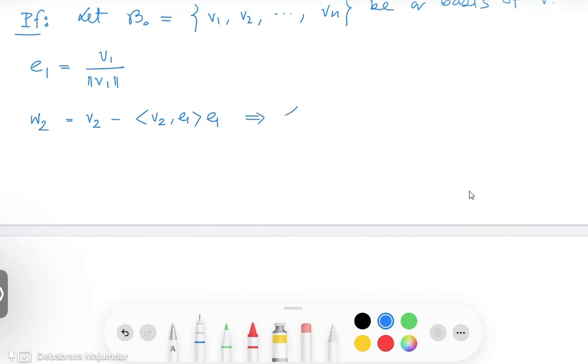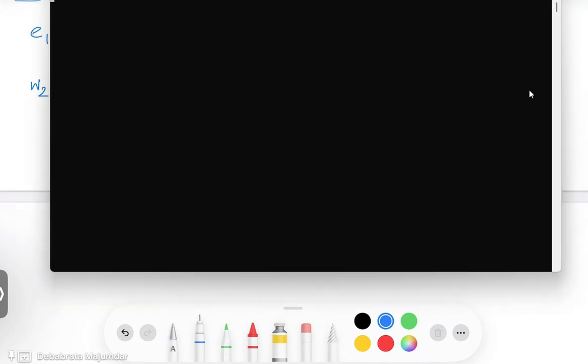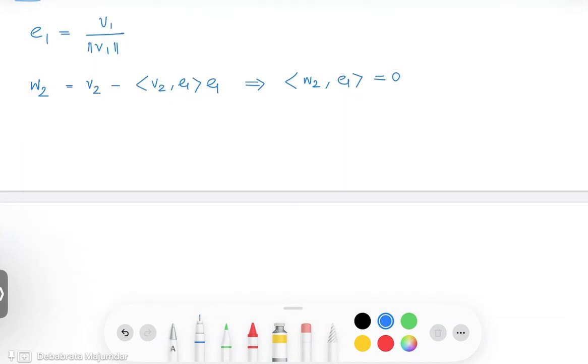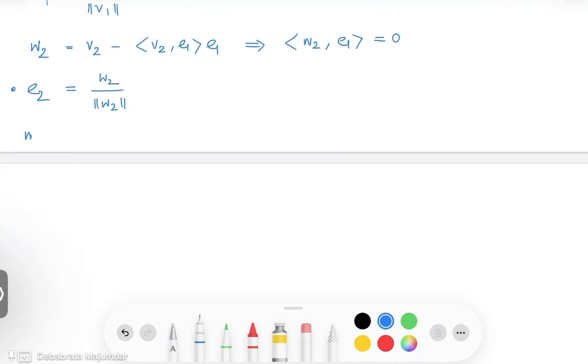So you can easily observe this inner product will be 0. Okay, now I am defining E2. What is E2? This is my E1. E2 is W2 by norm of W2. So now with the help of E2, I can define W3.